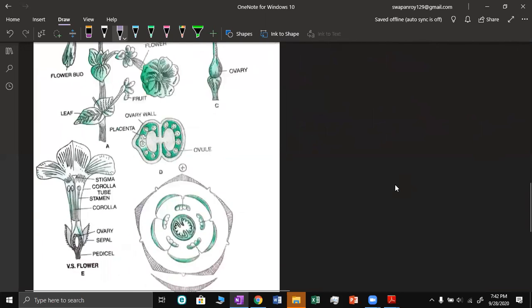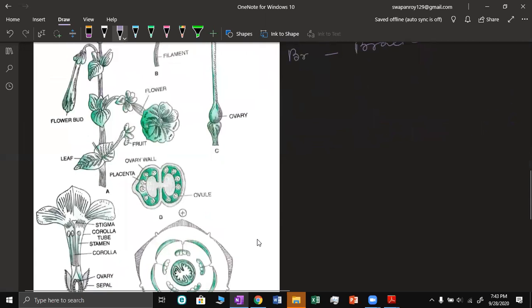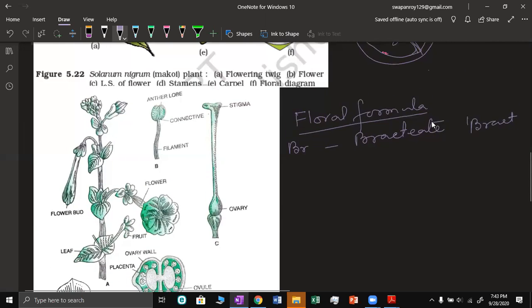See, in this flower, the flower is coming out. Here some leaf-like structure is there. So these are called bracts. So when it is bracteate, this is written BR.